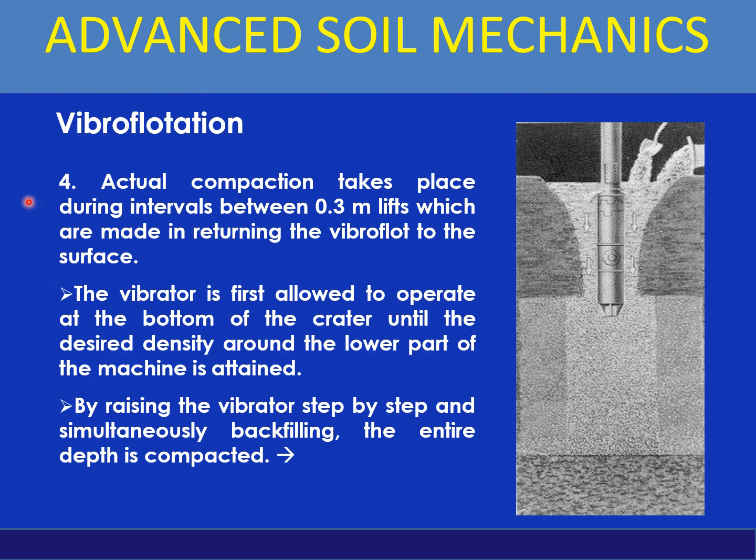Actual compaction takes place during intervals between 0.3 meter lifts which are made in returning the vibroflot to the surface. The vibrator is first allowed to operate at the bottom of the crater until the desired density around the lower part of the machine is attained. By raising the vibrator step by step and simultaneously backfilling, the entire depth is compacted.